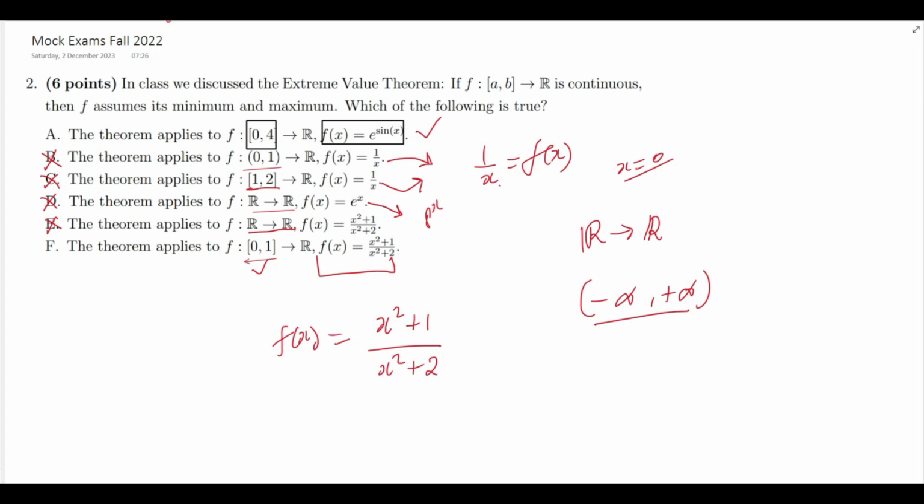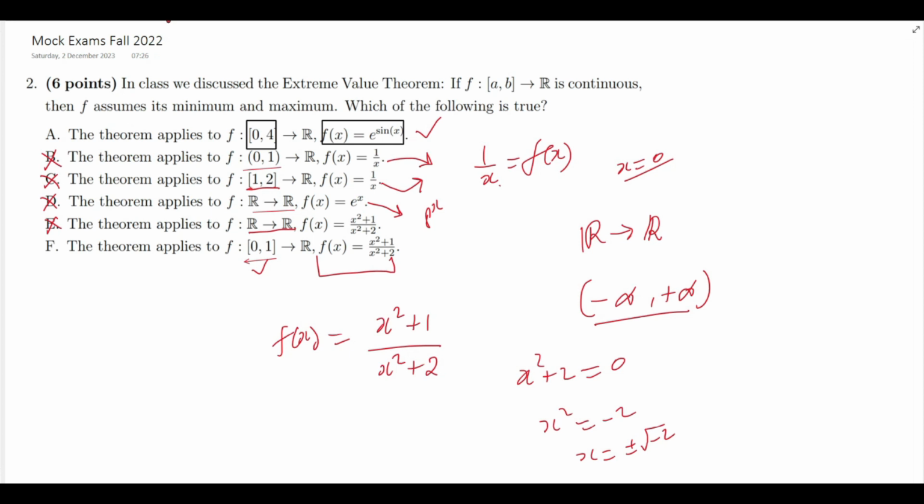To check that, we can say x squared plus 2 should be equal to 0. So x squared should be negative 2, so x will be plus or minus the square root of negative 2, which is in the complex plane, right? So the vertical asymptote does not exist, therefore it is a continuous function.